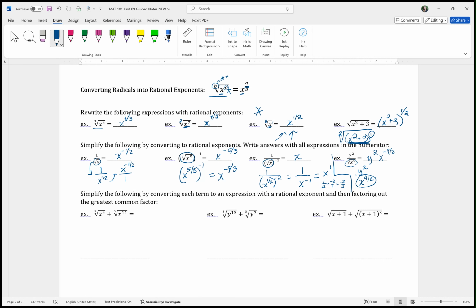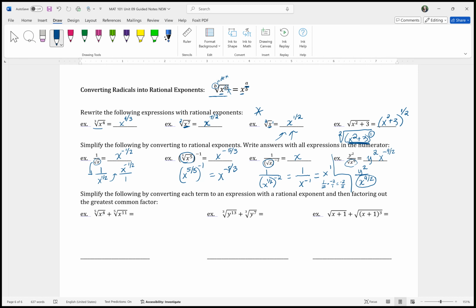Now we're going to take it a step further. I want you to first simplify each one of these terms where it's an expression with a radical exponent, and then we're going to use our factoring that we've learned to factor out the greatest common factor. Okay, so first we're converting.